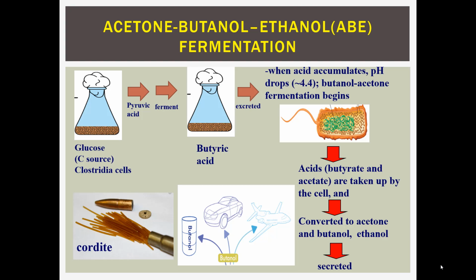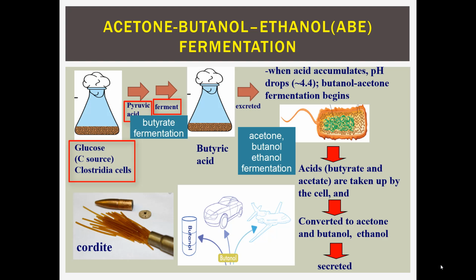Now, to summarize butyrate and acetone-butanol ethanol fermentation, the Clostridia cells break up glucose to pyruvic acids via glycolysis. Now, the pyruvic acids generated then go through butyrate and then acetone-butanol ethanol fermentation.